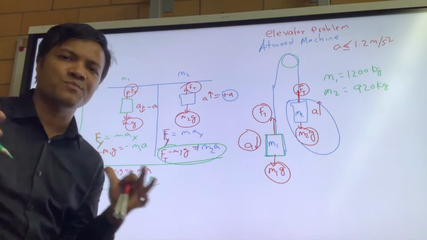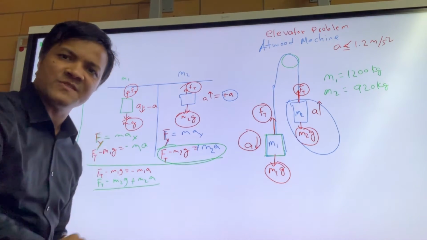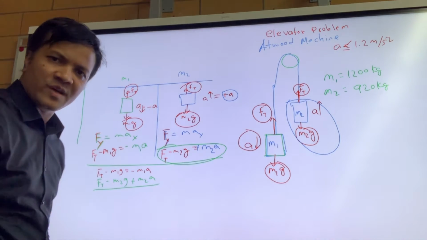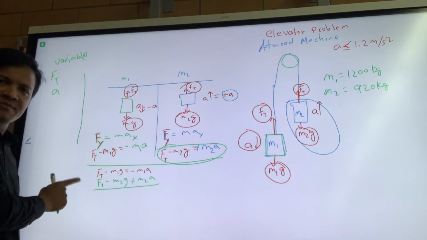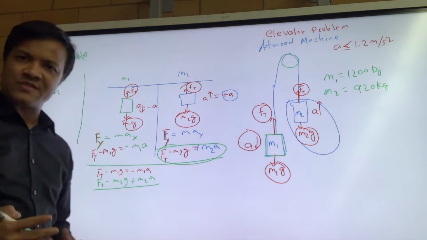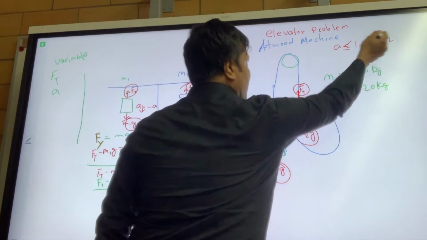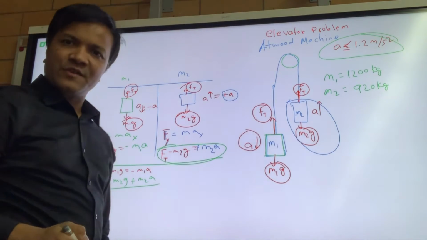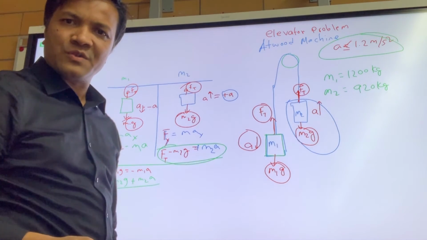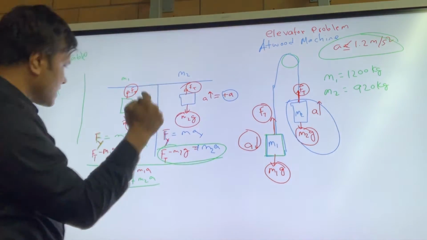When you have two unknowns, you must use a system of equations to get rid of one unknown. We cannot get rid of a because that's what we are finding. We are trying to find the acceleration because we are trying to see whether this elevator moves faster than 1.2 meters per second every second. Now let's come back over here.